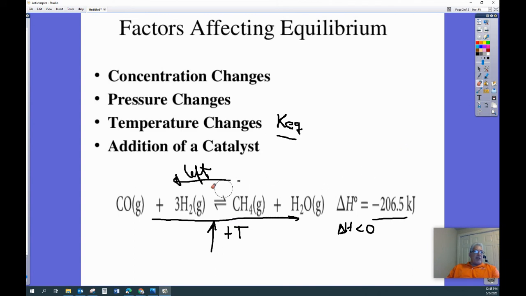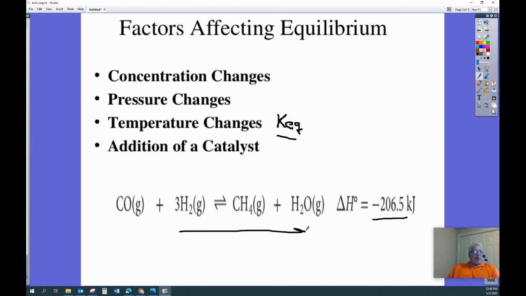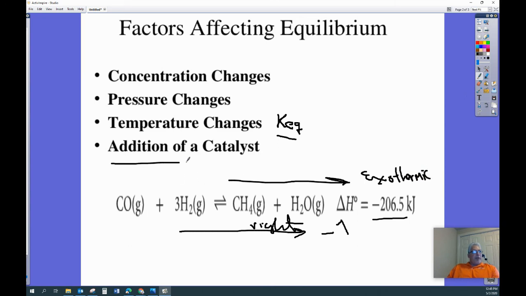And if you decrease the temperature, of course, the equilibrium will shift toward the product. When the temperature goes down, you are favoring the exothermic process taking place.